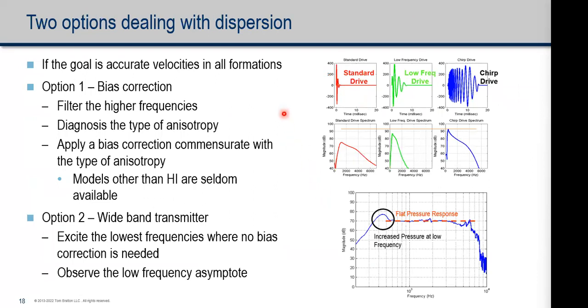This was solved in the fourth generation of tools by creating a wide band transmitter. You want your dipole transmitter to put out a lot higher energy in the low frequencies, and you want a fairly flat response over a wide range of frequencies. With third generation tools, you really had to do a bias correction, and it was never correct.